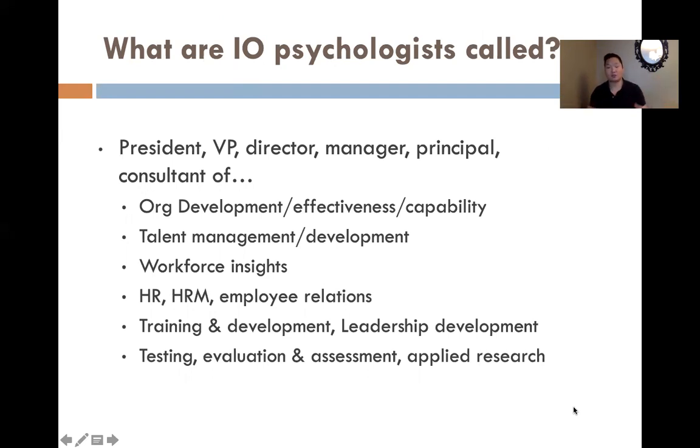Sometimes IO psychologists work in human resources, or sometimes they end up in different areas of a business where they utilize their skills but have titles like president, VP, director, principal, consultant of org development, talent management, workforce insights, human resources, human resource management, employee relations, and so on and so forth. These are all slightly different jobs, but they're all jobs that are often held by IO trained folks.